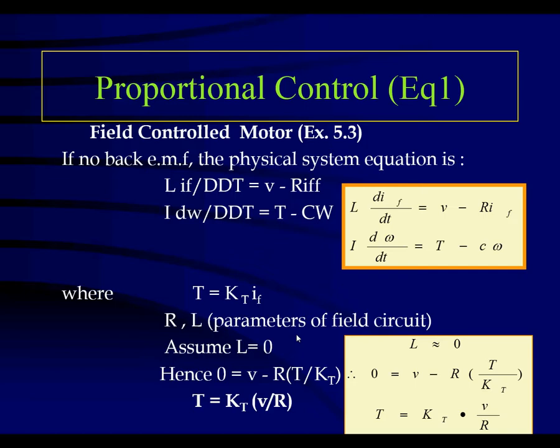And then you have the control law, which would be the torque proportional to the current. Okay. This is the way we would write the control system by establishing the difference between the set point and the error.